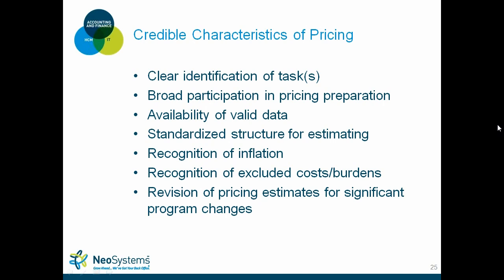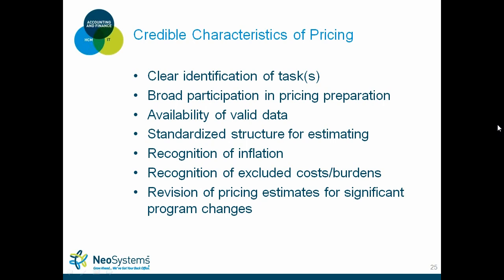Having valid data available, and we'll get into primary sources for data and secondary sources for data. Have a standardized structure for estimating. If you use a budgeting tool, whether it's a spreadsheet or another application, try to standardize that for all your pricing on the RFPs.